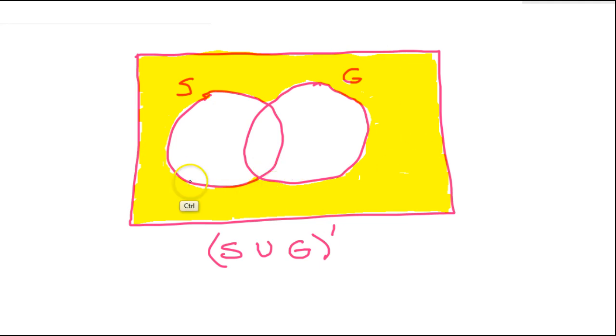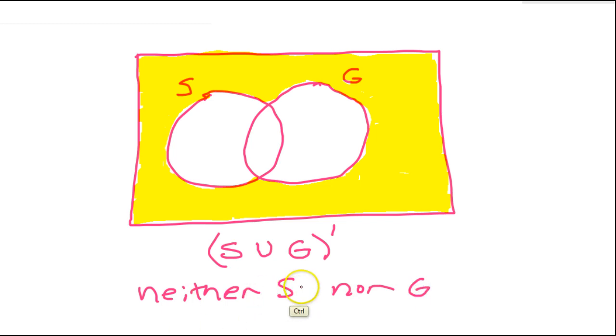Now, if you're one of the people out here, it should be easy to see that you're neither a sophomore nor a girl. You're outside of both of these two circles. So in other words, this statement, not sophomore or girls, is the same thing as saying neither sophomore nor girl. These two mean the same thing.